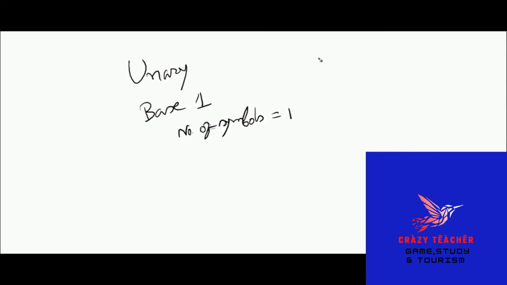If I decide that the symbol we will be using is also 1, then if I ask you to represent the quantity 10 in this number system, what will you do? You will write 10 such ones. Because I don't have any other symbol, for as many values as I want, I put that many ones.